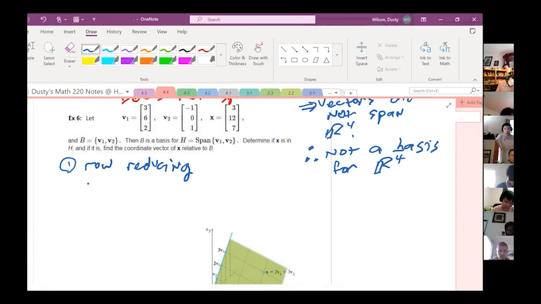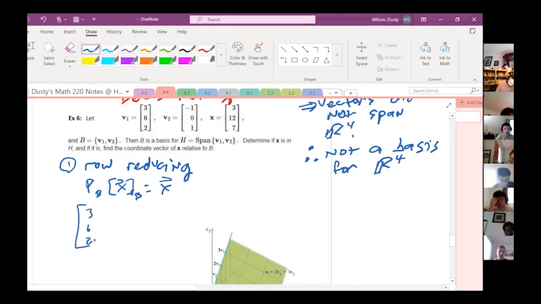So we have P_B times [X]_B equals X. And so our P_B is going to be the 3, 6, 2 and the -1, 0, 1. And we're going to augment with our X: 3, 12, 7.